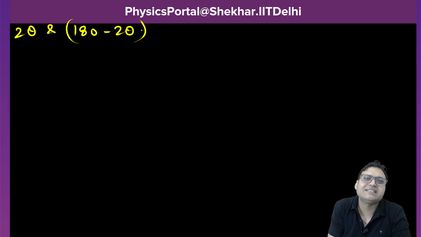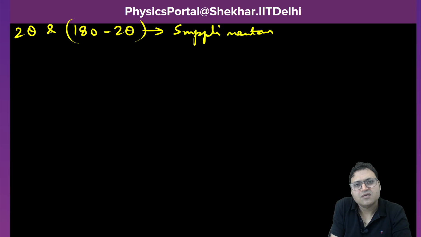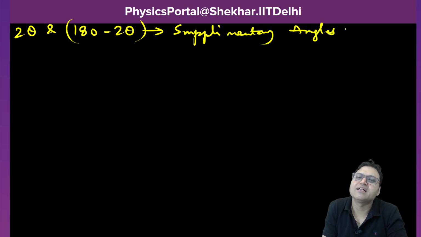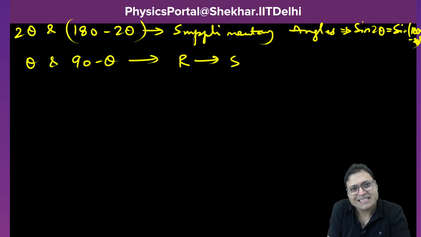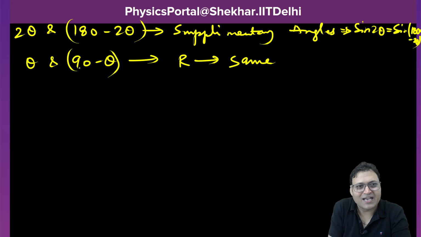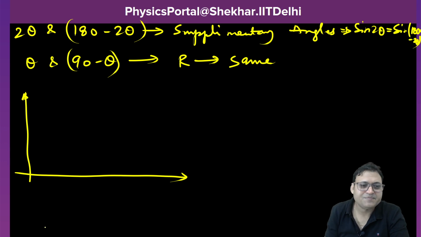We can also say that 2 theta and 180 minus 2 theta are supplementary angles. For them, sine 2 theta will be equal to sine of 180 minus 2 theta. Or we can say for theta and 90 minus theta, range will be the same. For these two angles, theta and 90 degree minus theta, range will be the same.